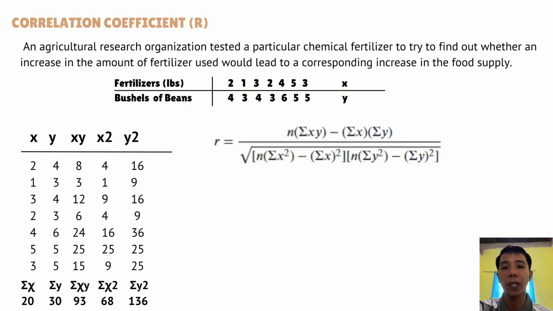All this is going to be one operation. Now n times the sum of y squared, and we're going to subtract the sum of y, and when we find the sum of y, we're going to square it, and we're going to close the bracket, and we want to take the square root of it.